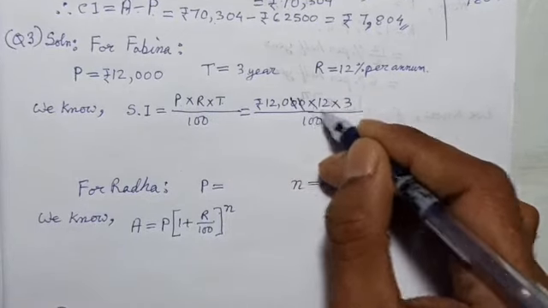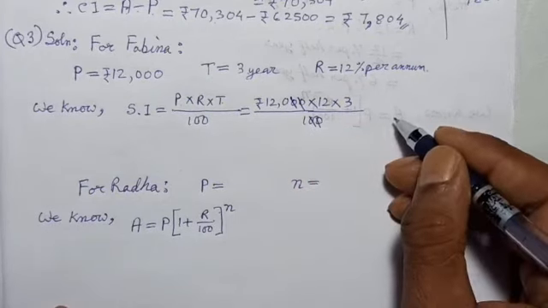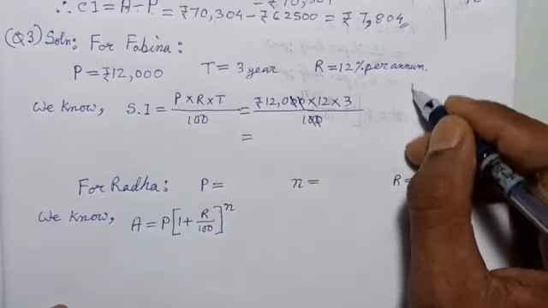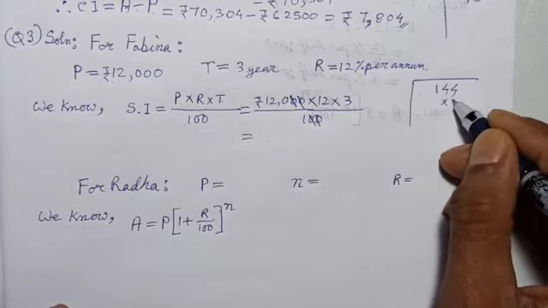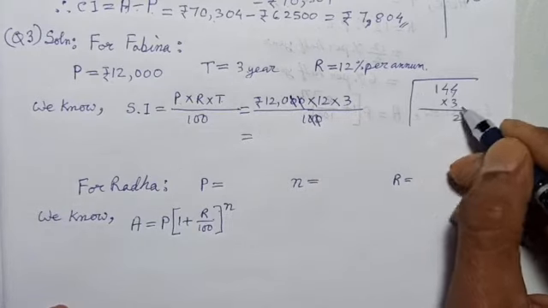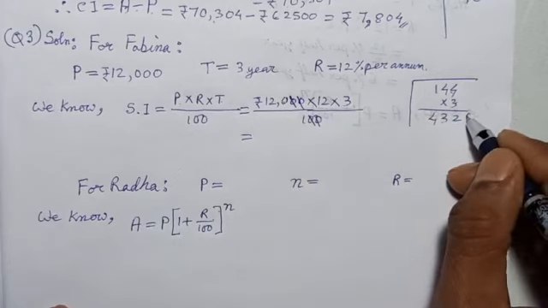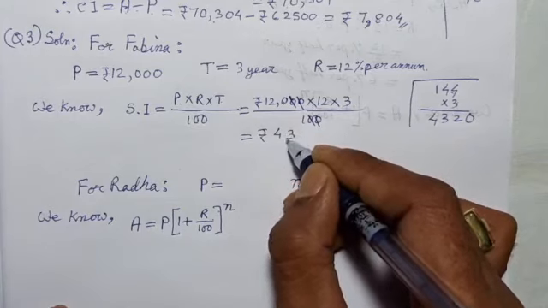Multiply: 12 into 12 is 144, into 3 is 432. The time is 3 plus 1, which is 4. So the simple interest is rupees 4,320.